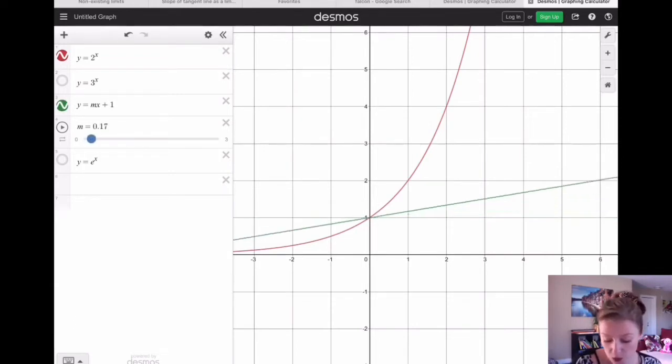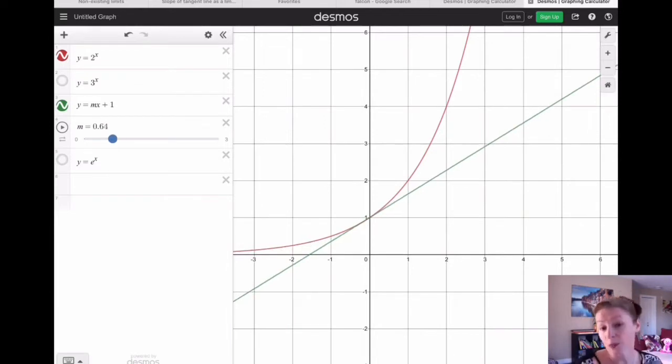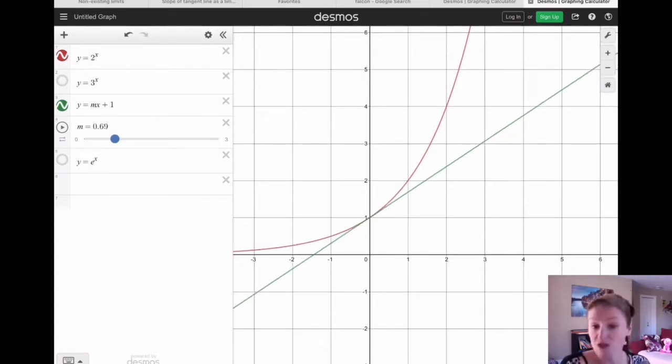M is supposed to be the slope of this function at 0. So I'm simply going to slide the slope around until I can be fairly certain that I have approximated the slope to be something. So I would say that this looks like a pretty good approximation of the tangent line at 1. And so my slope there is approximately 0.69.